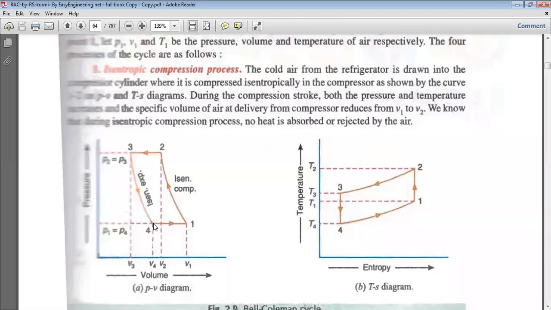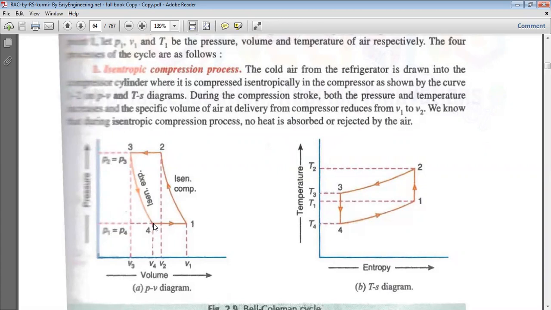What is the meaning of expansion? The air expands in the expander, thereby the pressure decreases from P3 to P4, the discharge pressure of the expander, which is equal to the refrigerator pressure or the suction pressure of the compressor. Whenever expansion takes place, pressure decreases from P3 to P4. When pressure decreases, temperature automatically decreases.